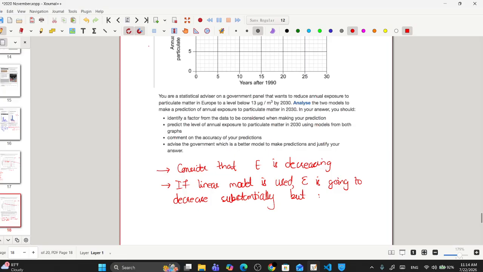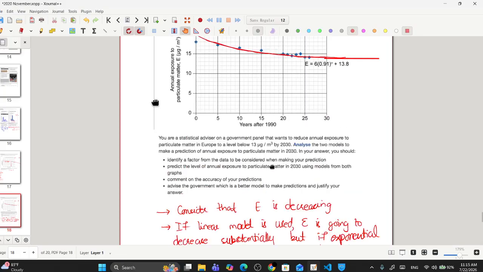I think today we might do the sequence question in today's class because we have enough time. Comment on the accuracy of your predictions. So, a comment from my case would be the exponential model is more realistic.